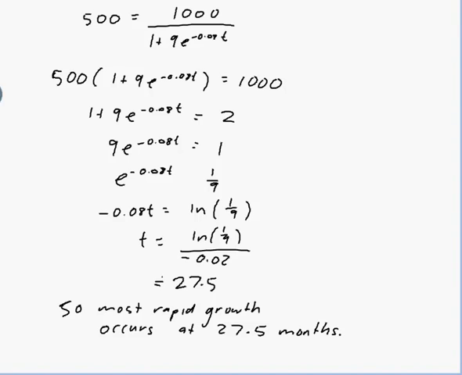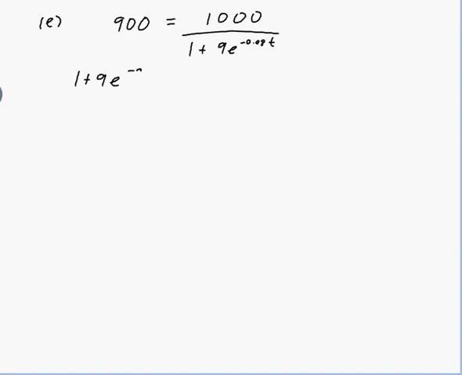Okay. Well, that would leave part E, wouldn't it? Part E says, at what time does the population reach 900? Okay, well I just need to put population as 900 in my formula: 900 = 1000/(1 + 9e^(−0.08t)). So I could times both sides by the 1 + 9e^(−0.08t) and divide both sides by the 900. 1000/900. So we get that.